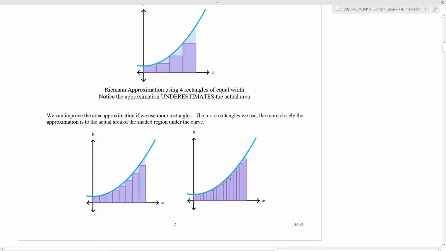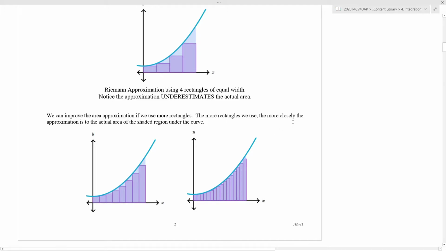If you look at the bottom diagram on the right, you can see there are a lot more rectangles there. And we're getting closer and closer to covering the actual area that we're after. So the more rectangles you use, the more closely the approximation matches the actual area of the shaded region under the curve.